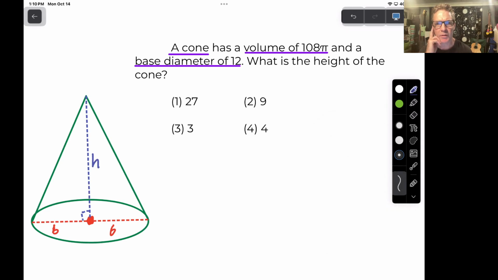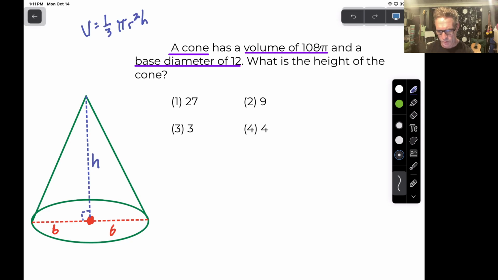And then what is the volume of a cone? If you look at your formula sheet, look for cone, it should say the volume is 1/3 pi r squared h. Okay, but they gave us the volume. So I'm going to use that formula.